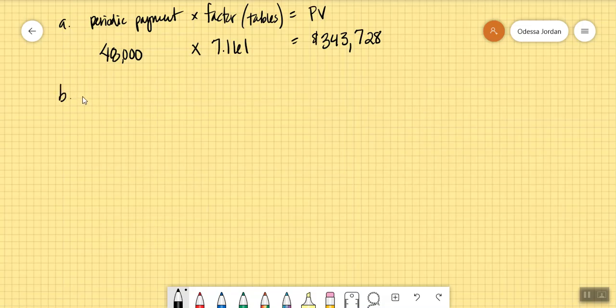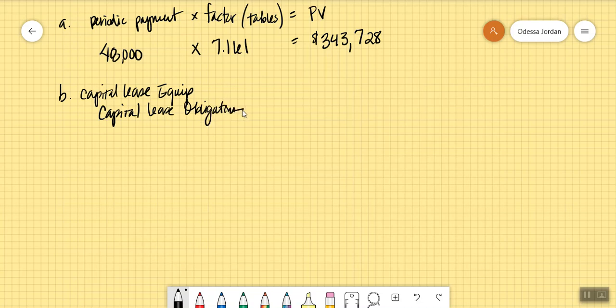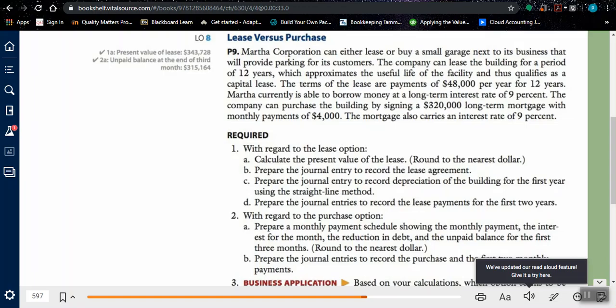So that would be B. So we would do capital lease equipment, and then capital lease obligations, 343,728, 343,728.